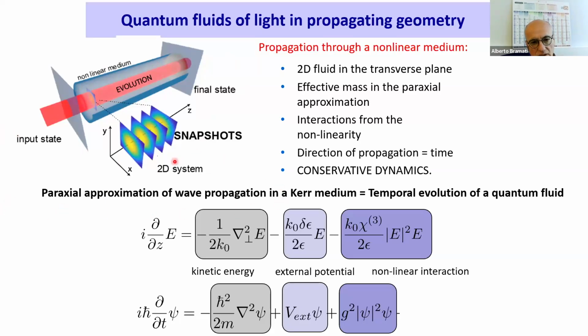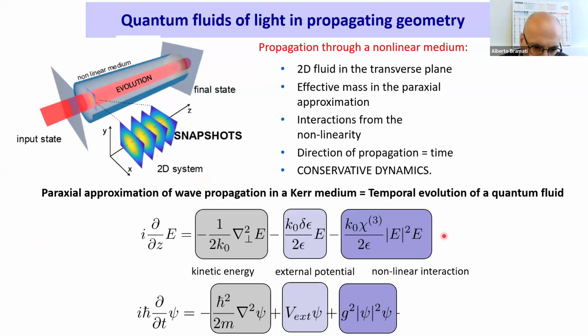So the propagation of this light wave in a nonlinear medium, in particular in a Kerr medium, can be described by this equation here, which is the so-called nonlinear Schrödinger equation.